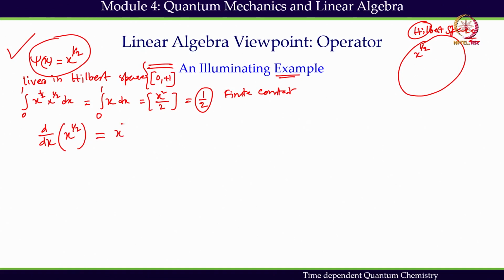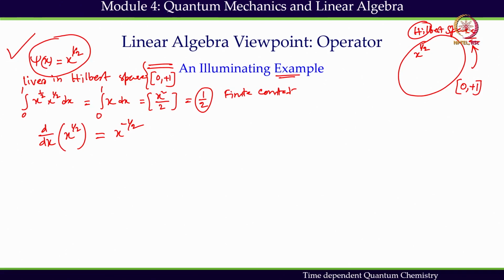Immediately I will get x to the power minus half, and the limit, to define this Hilbert space, I have considered to be 0 to plus 1. That is the defining condition for this particular Hilbert space, not for all Hilbert spaces. I can define another Hilbert space for a different limit, but within this limit I am defining this Hilbert space.